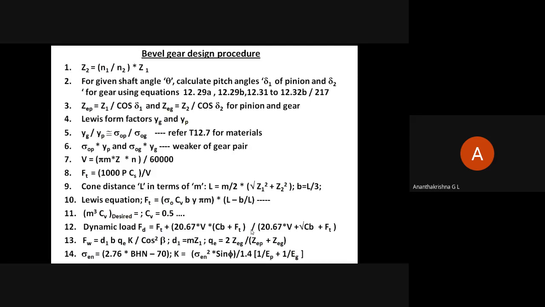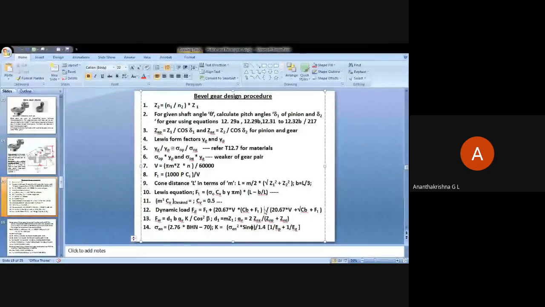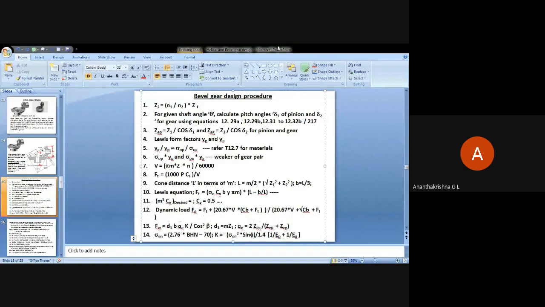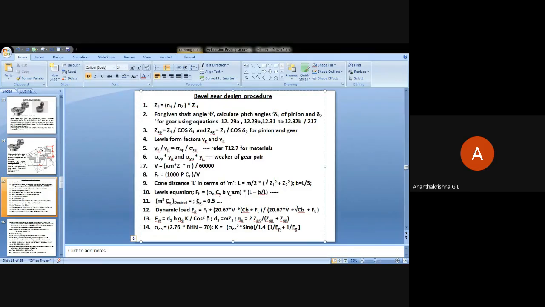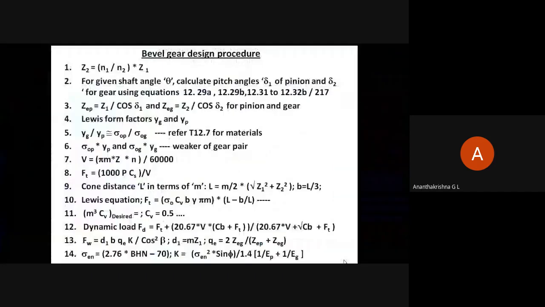Okay, and then find out wear load. D1 b Q e K by cos square.